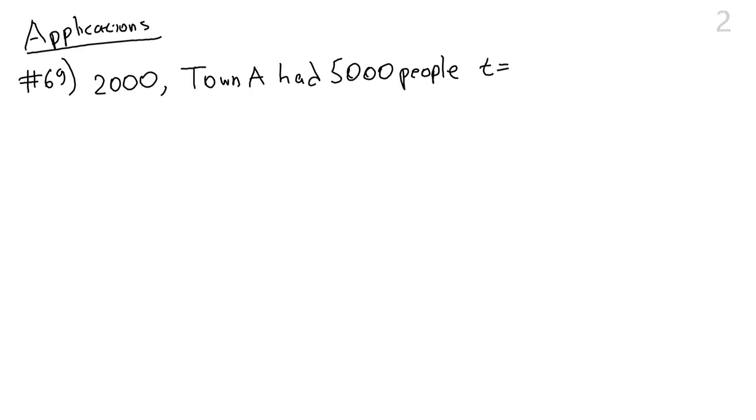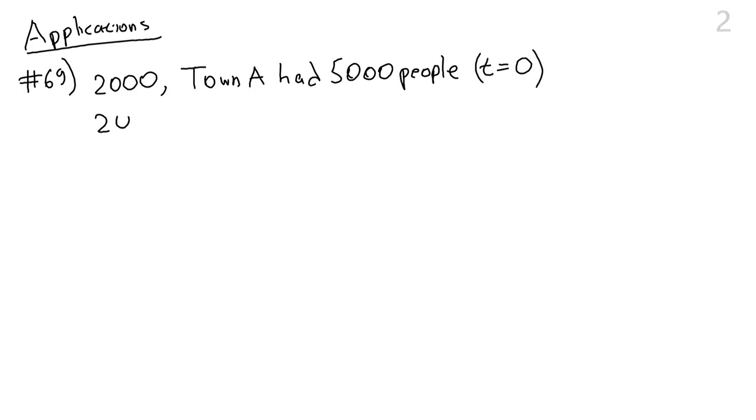In number 69, we're given that in the year 2000, town A had population of 5,000 people. We're going to call, for simplicity, the year 2000 as time t equals 0.